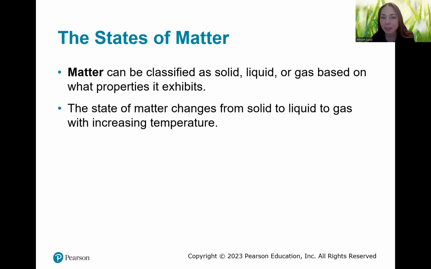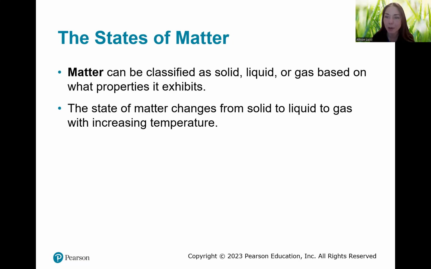Again, we can classify based on phase of matter as solid, liquid, or gas. And each of these different phases exhibit different properties. Generally, we can think of water. In its liquid form, we can drink it. In its solid form, it's ice, and it actually floats on its liquid form, which is unique to water.